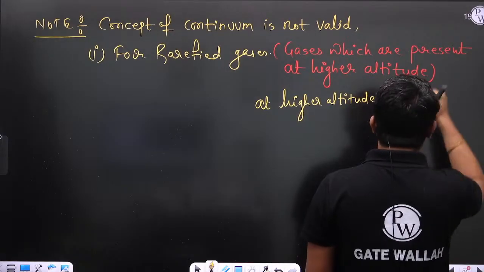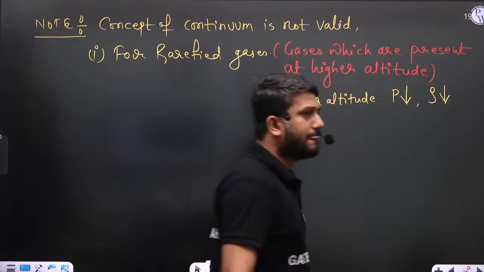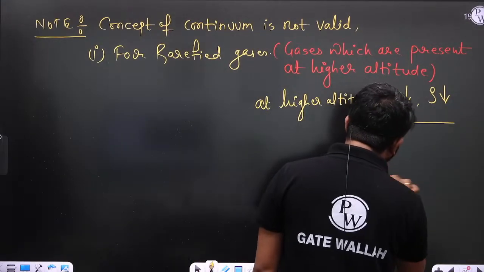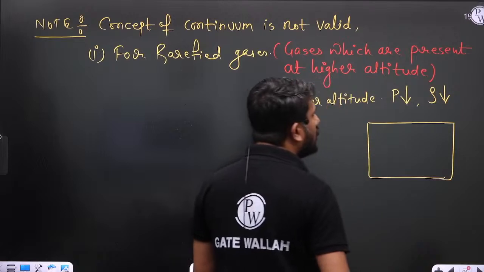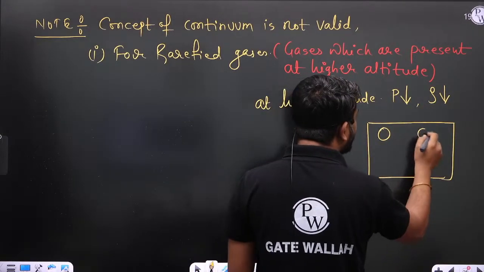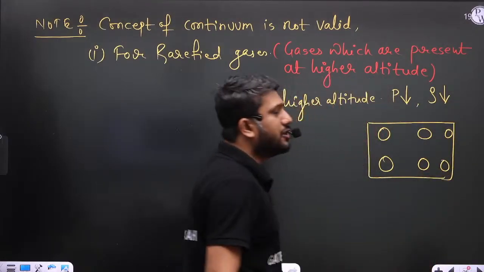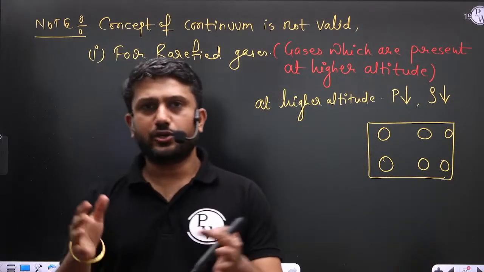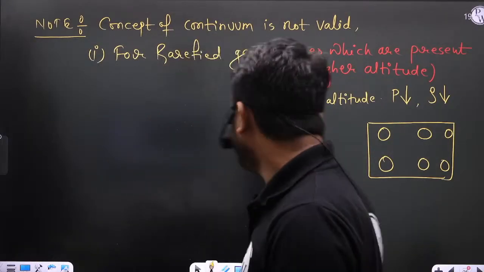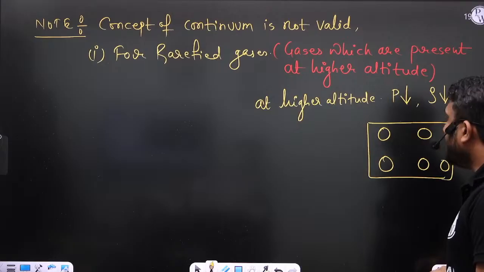At higher altitude, pressure is low, therefore density is also low. That means in a given volume, the number of molecules is very low. And if the number of molecules is less, then lambda is more.